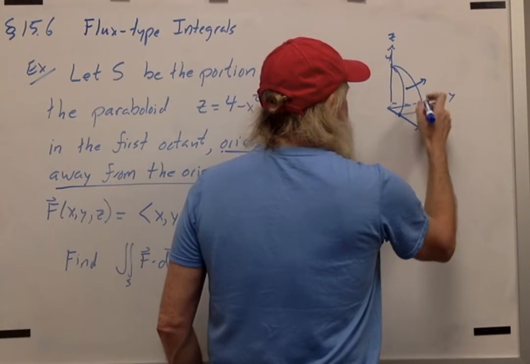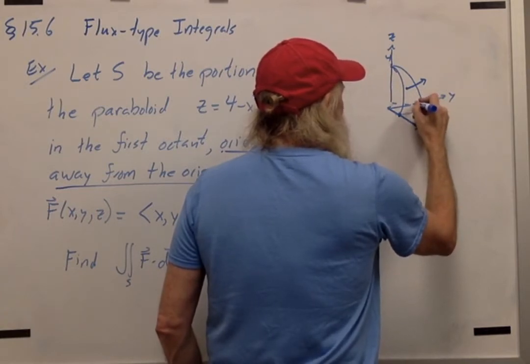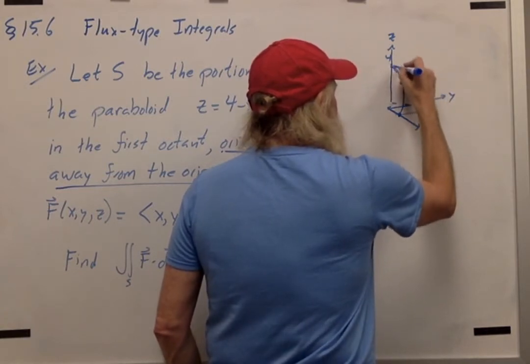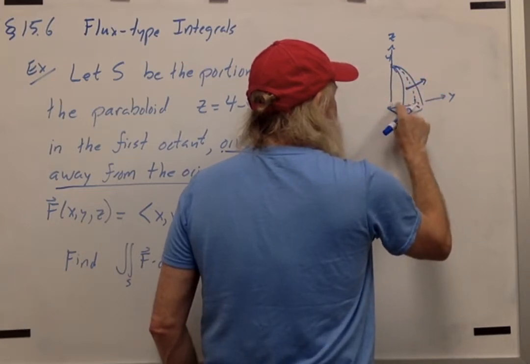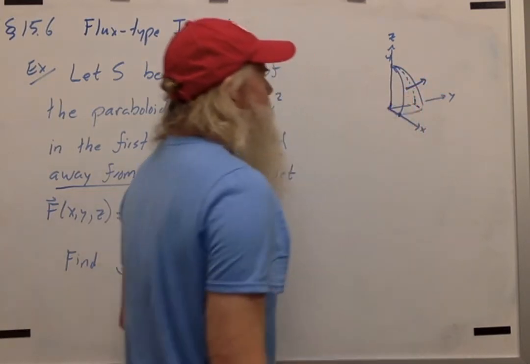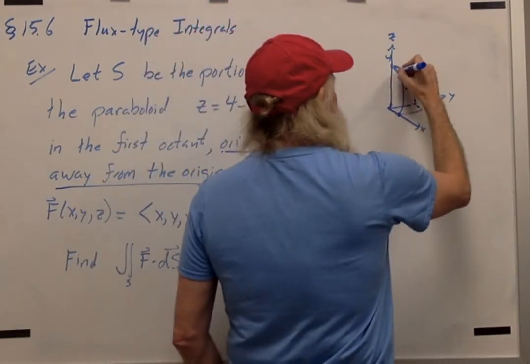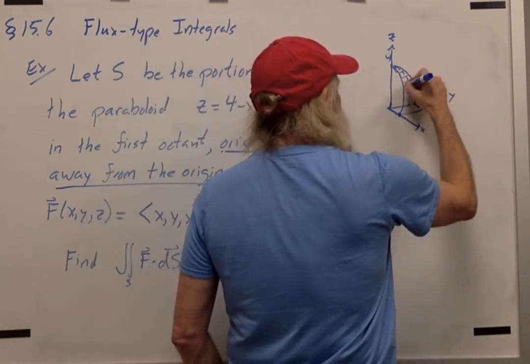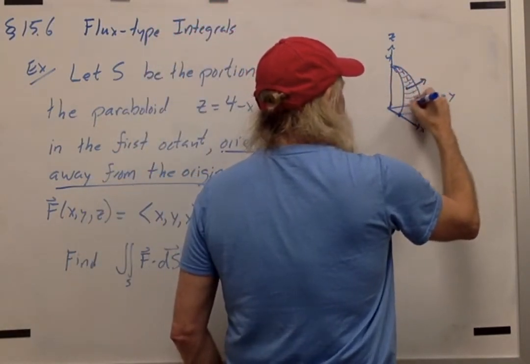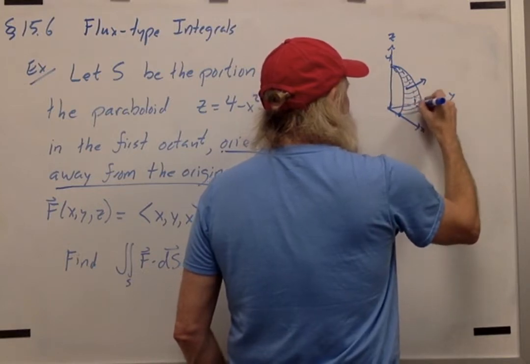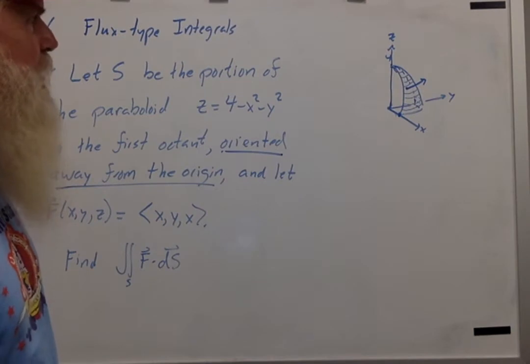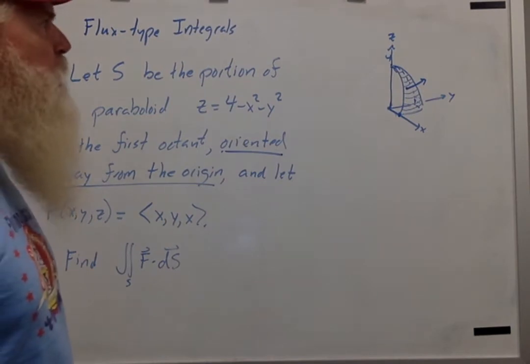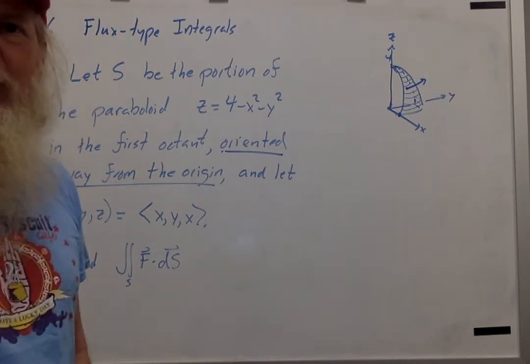And kind of the same thing happens back here on the y-axis. So in the back, I've got that. So I have this strip there, if that makes sense. So kind of a sail-shaped piece. It'll be 1/4 of that paraboloid that I drew before.